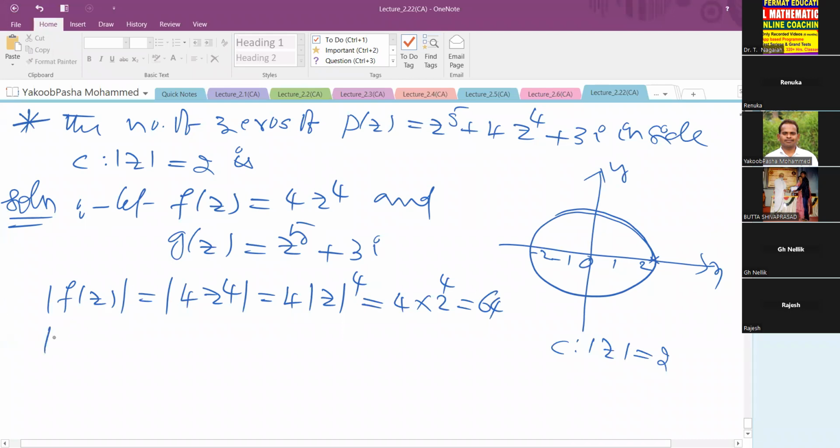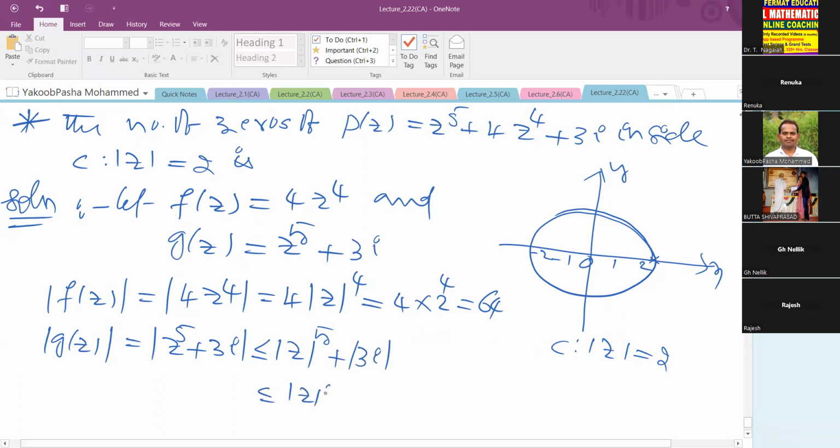And modulus of g of z is equal to modulus of z power 5 plus 3i. By triangle inequality, this is less than or equal to modulus of z power 5 plus modulus of 3i, which is mod z power 5 plus 3. Modulus of 3i is 3 and modulus of i is 1.